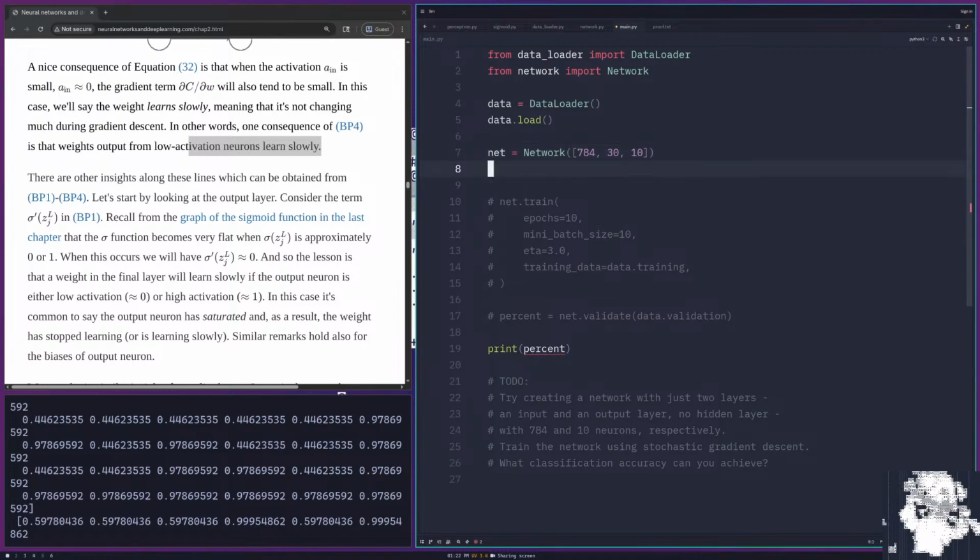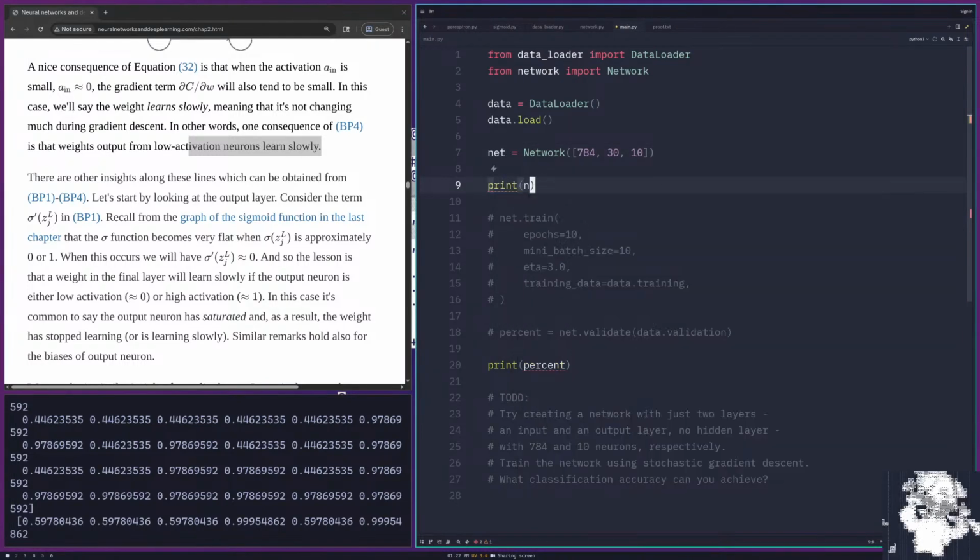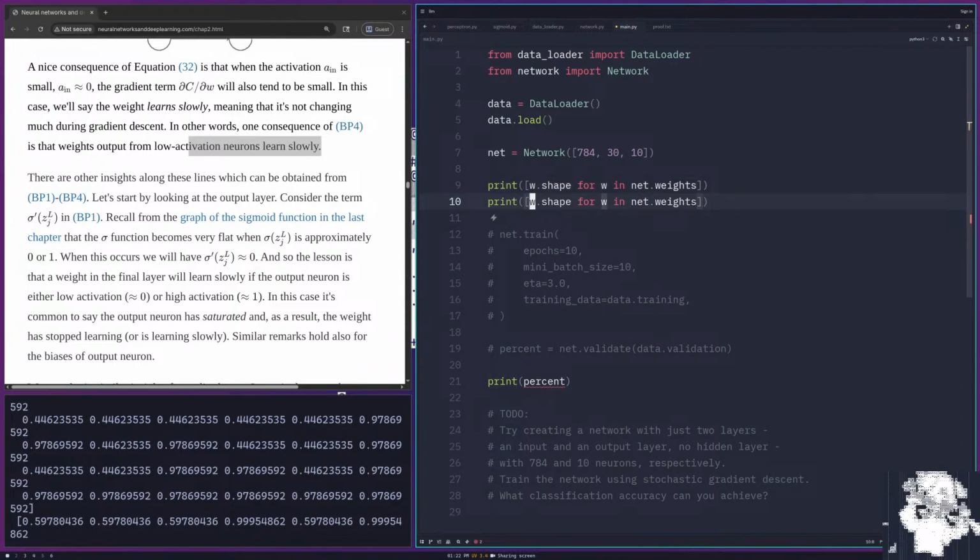Let's just print net dot weights, w dot shape. Let's start with that.